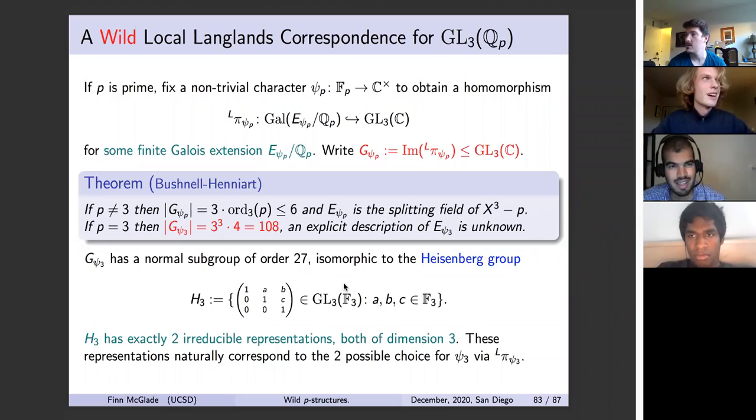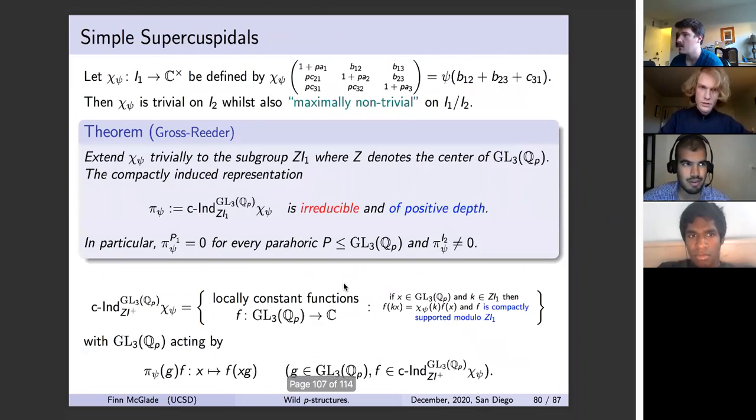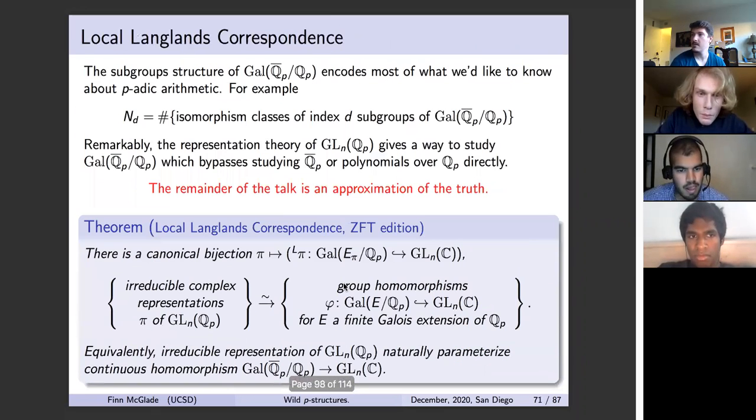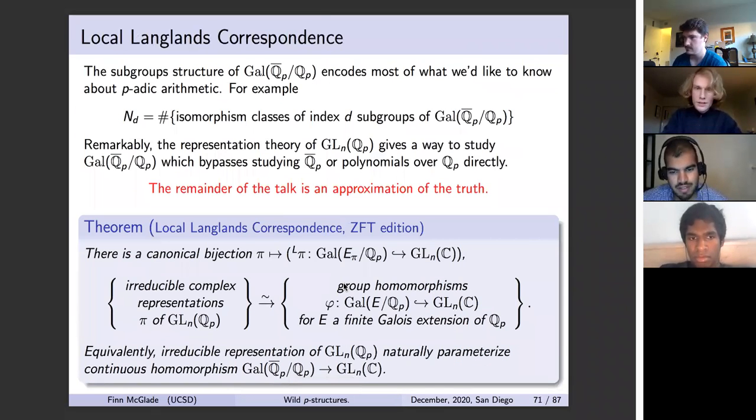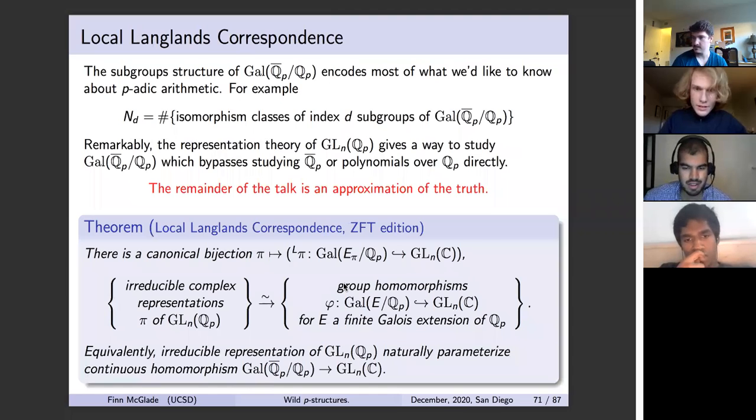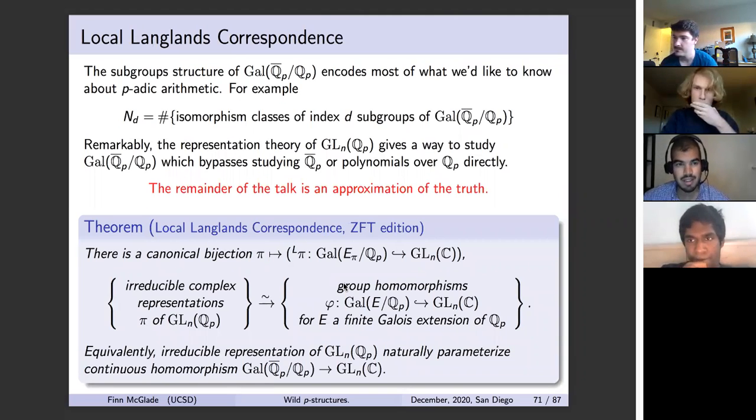Certainly the kernel will be closed. That's just the pre-image of the identity, which is a closed subgroup of GL3C. But I don't understand, when did I claim that it was open? Oh, you didn't claim it was open, but if we could go back to the version of the local Langlands correspondence: you say equivalently, every irreducible representation of GLN QP naturally parameterizes a continuous homomorphism from Gal QP bar over QP to GLNC.